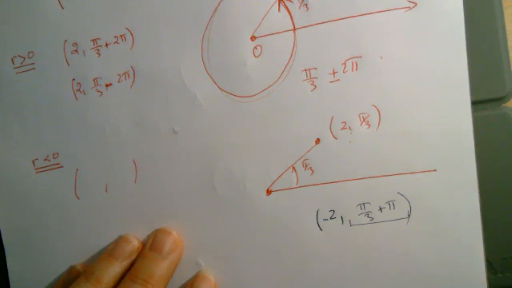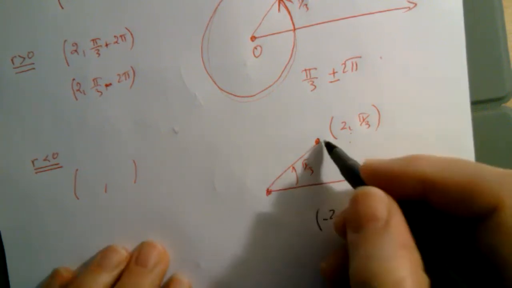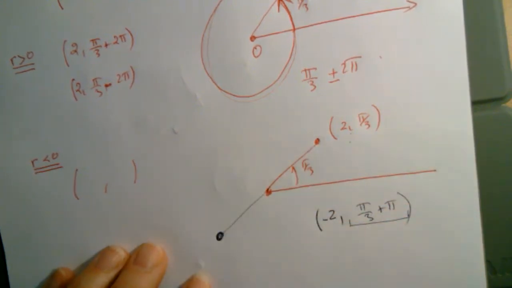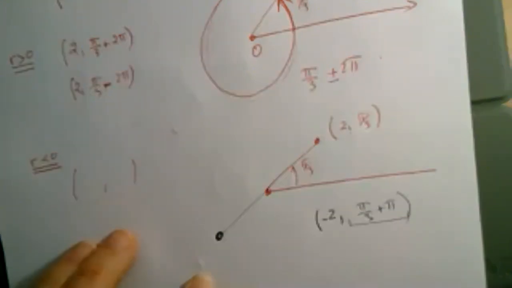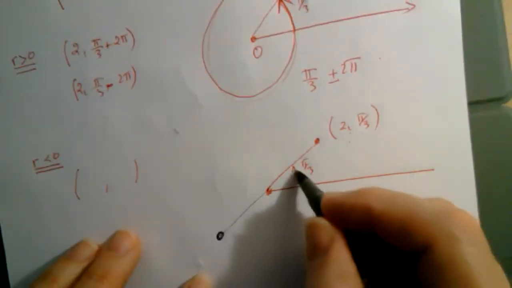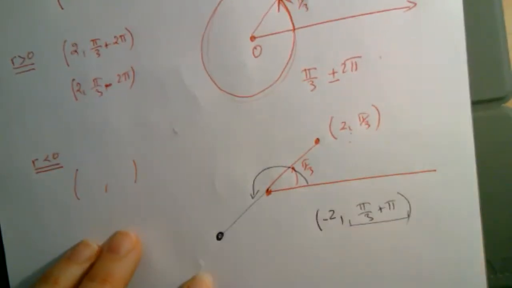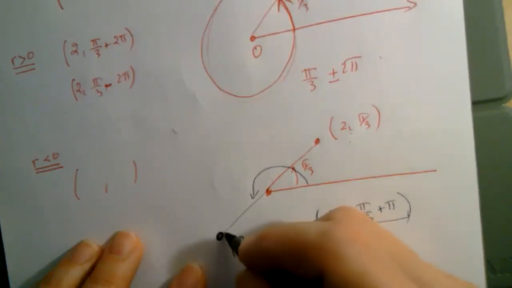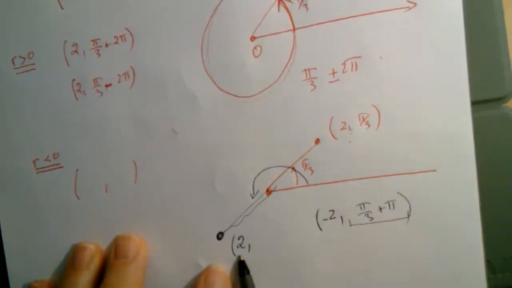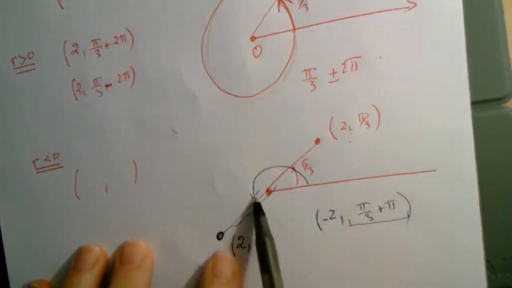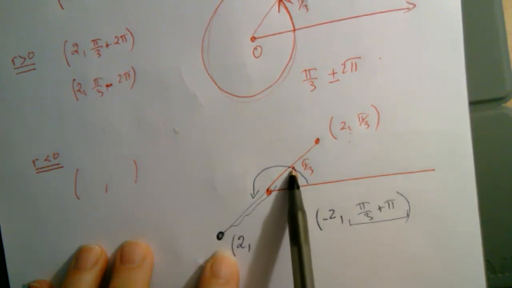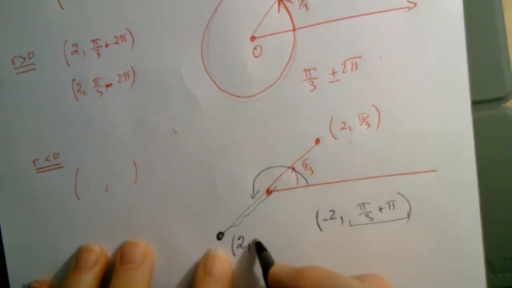So let me tell you the thinking behind it. Let me look at this point right there. That's the easy way to find the negative r. Give me the coordinates of that point with a positive 2. If I put positive 2, what will this point be? As your classmate said, 2 pi over 3 plus pi.